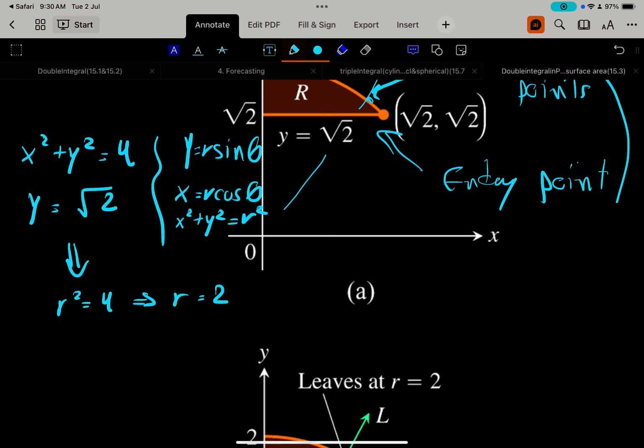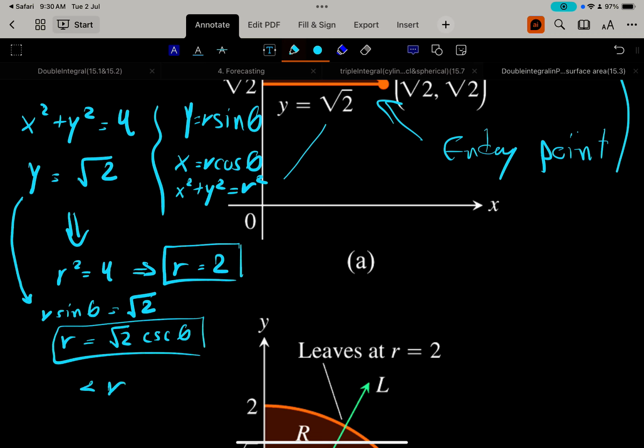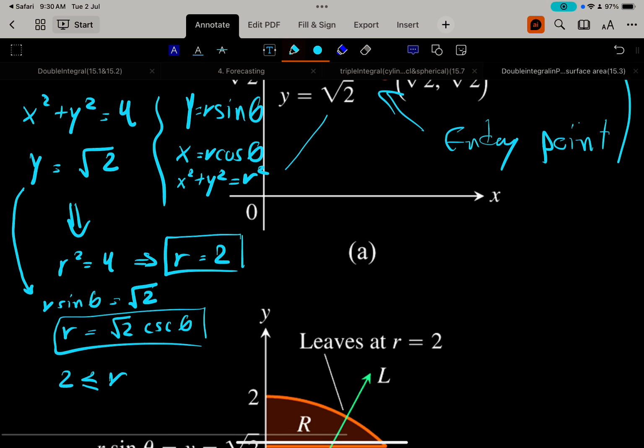Now, y equals root 2 can also be converted. We said y is r sine theta, so r sine theta equals root 2, and therefore r equals root 2 cosecant theta. So r is bigger than or equal to root 2 cosecant theta.